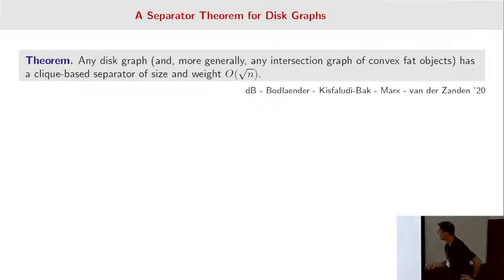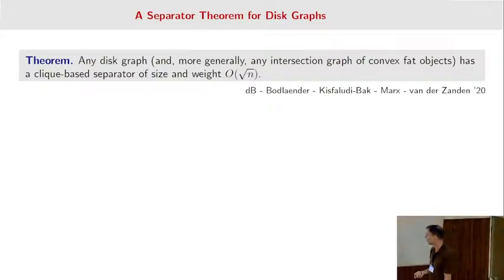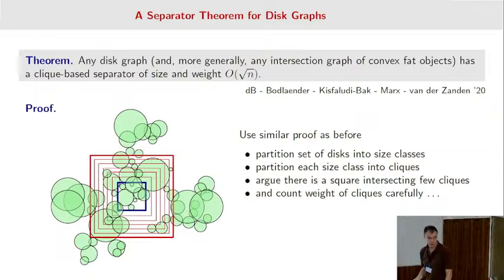result that started all this was that if you have disk graphs or graphs of fat objects, and there's also a generalization to higher dimension, then there exists such a separator, and both the size and the weight are square root of n. So let's see.